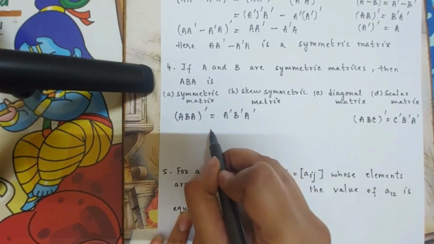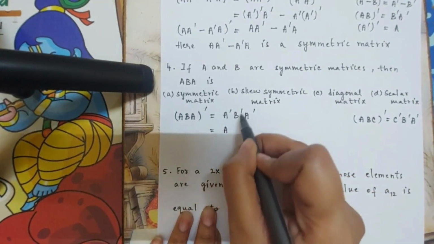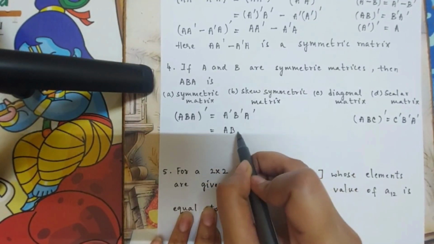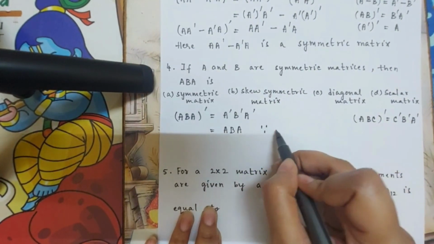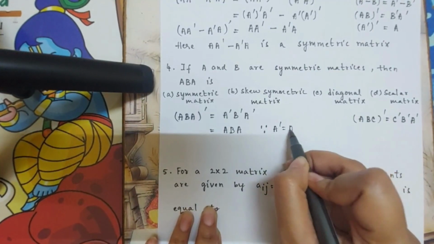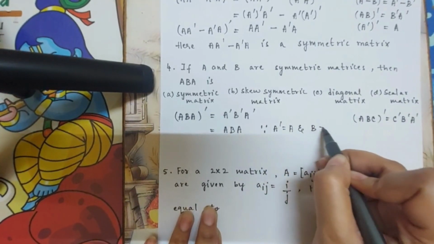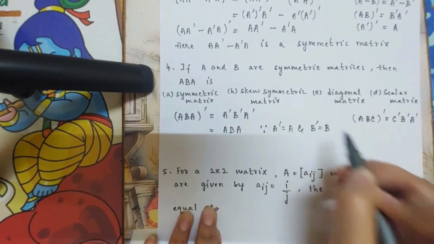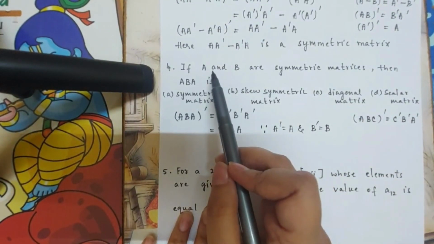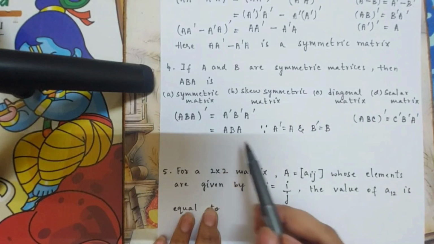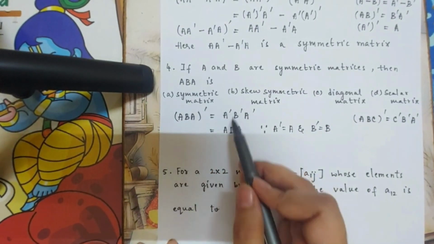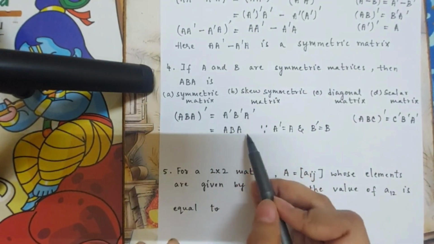So I can replace A dash with A, B dash with B, again A dash with A. Why? Because A dash is A and B dash is B. It is already given in the question that A and B are symmetric matrices.